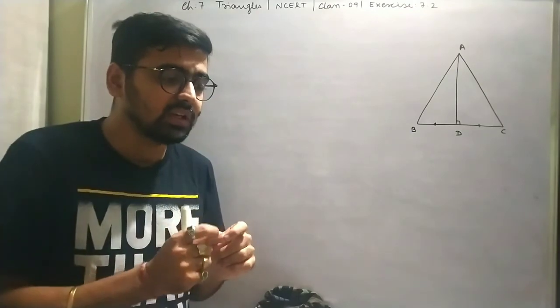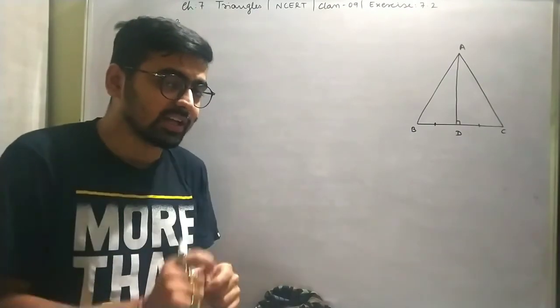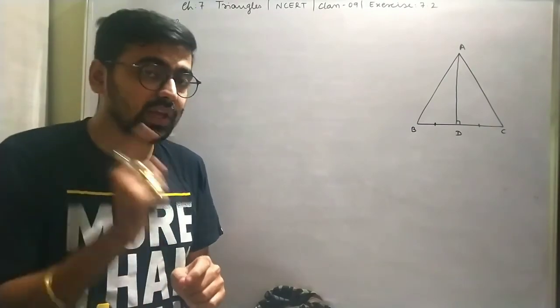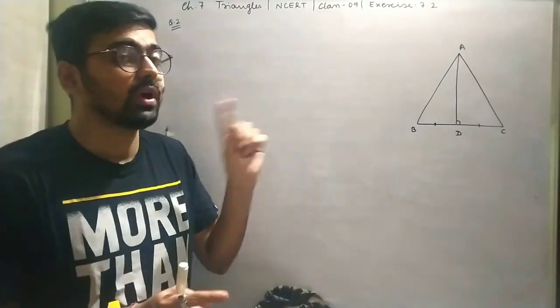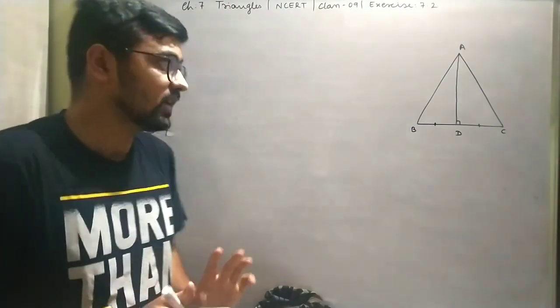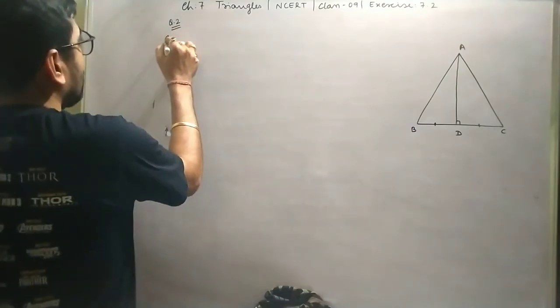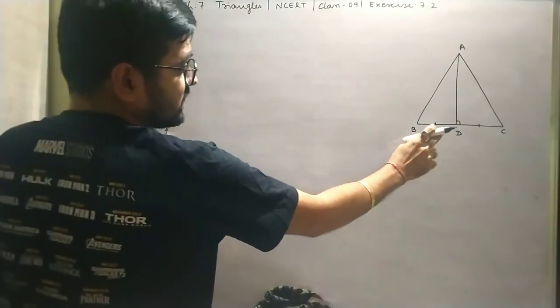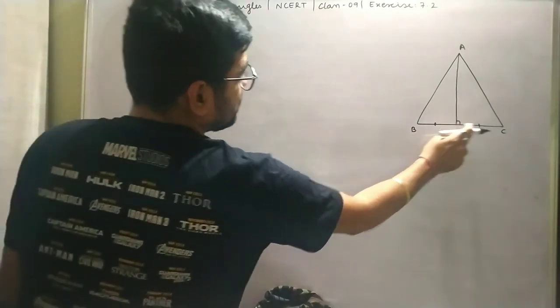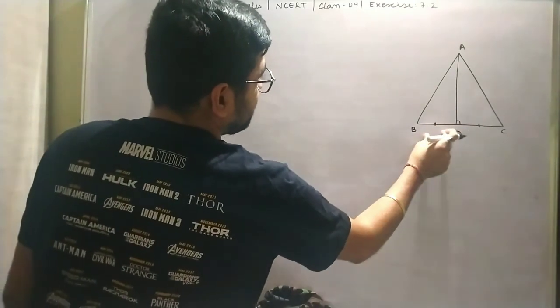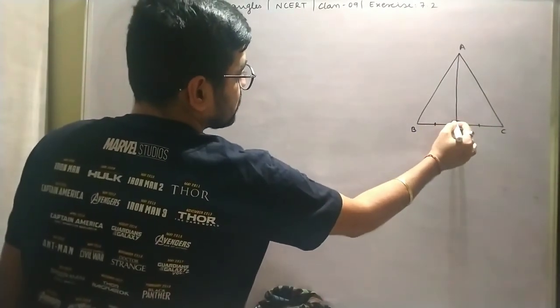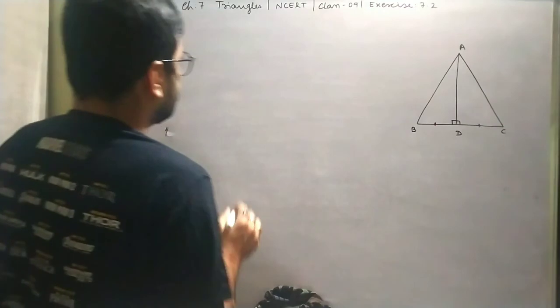The question specifically says that show that this triangle is isosceles with AB equals to AC, in which AB and AC only should be equal, not any other sides, correct. So how are we going to solve this particular question? I already got to know that if it is a perpendicular bisector, these two sides are bisected, that means BD and CD are equal, plus it is a perpendicular. So these angles are 90-90 each.